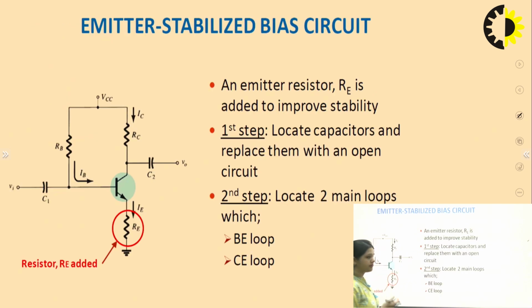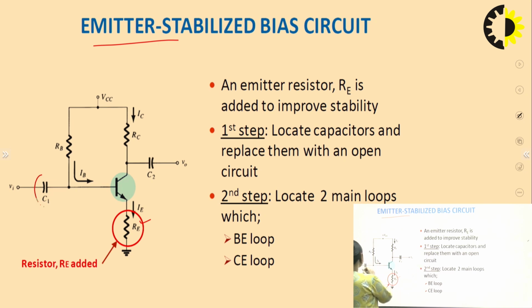To solve the problem of fixed bias, we can use another biasing technique, the emitter stabilized bias circuit. Here you can see that an additional RE is added at the emitter terminal in the base to emitter loop. Again the procedure is the same.